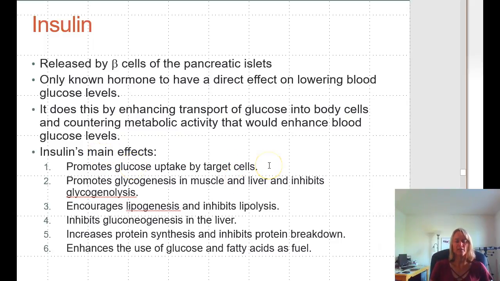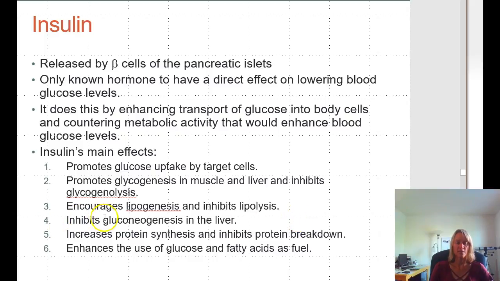This is except for cells like red blood cells and the nervous system cells, neurons, because they don't need insulin in order to take glucose up into their cells. It promotes glycogenesis in the muscle and liver, so for storage, and it inhibits glycogenolysis. It encourages lipogenesis and inhibits lipolysis.